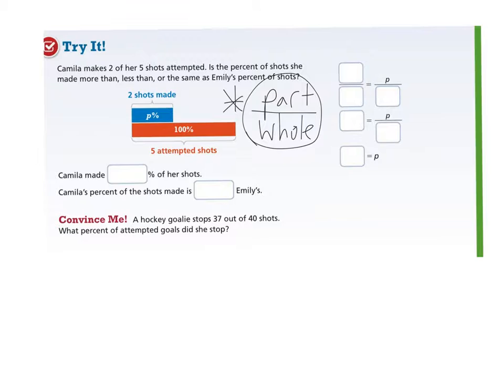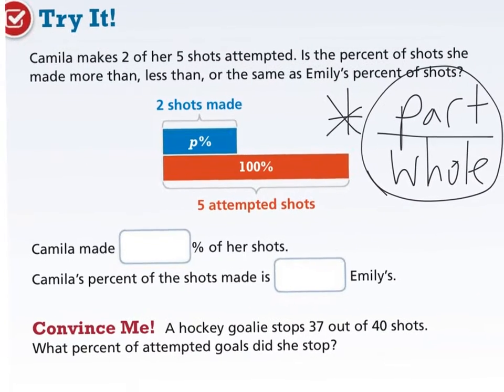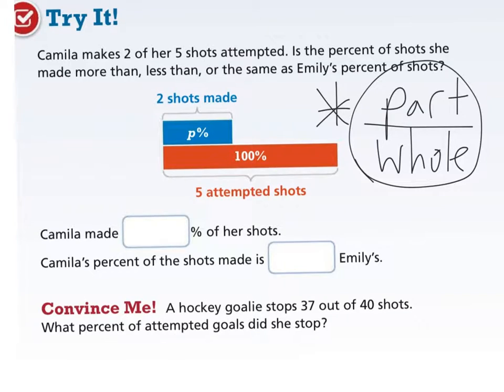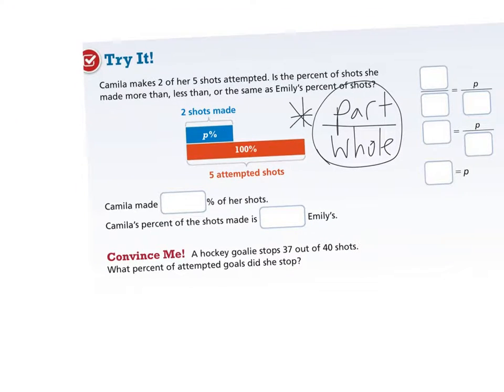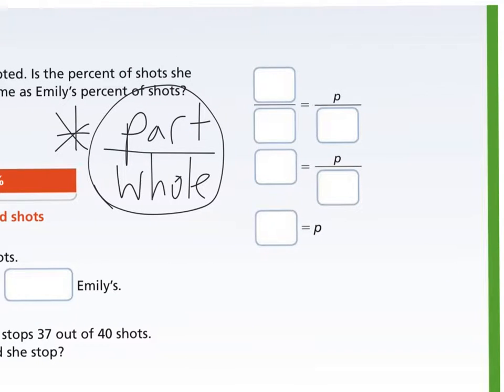So look at the try it. Camilla makes 2 out of 5 of her shots attempted. Is the percent of shots she made more than, less than, or the same as Emily's percent of shots? If we're doing it like the book's showing us, we can set it up as the part over the whole. So she made 2 out of 5, and we're trying to find the percent. We know percent is a number out of 100.